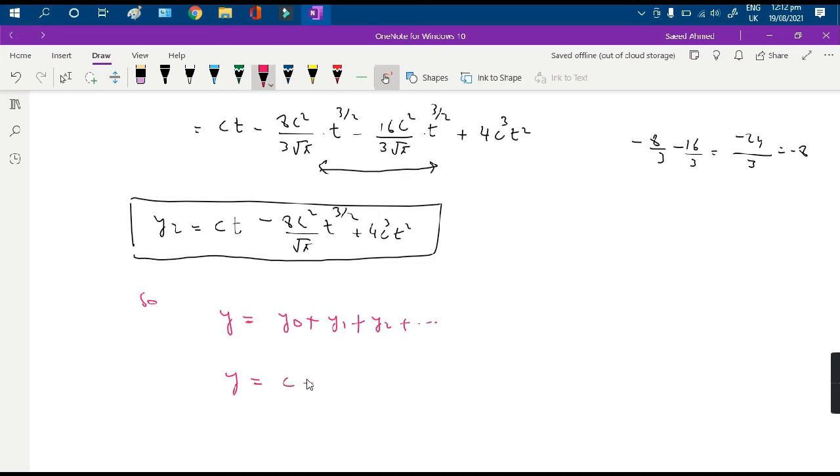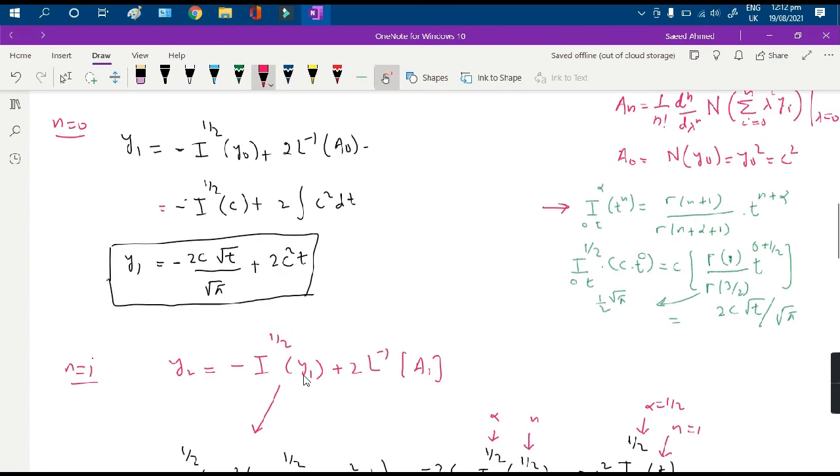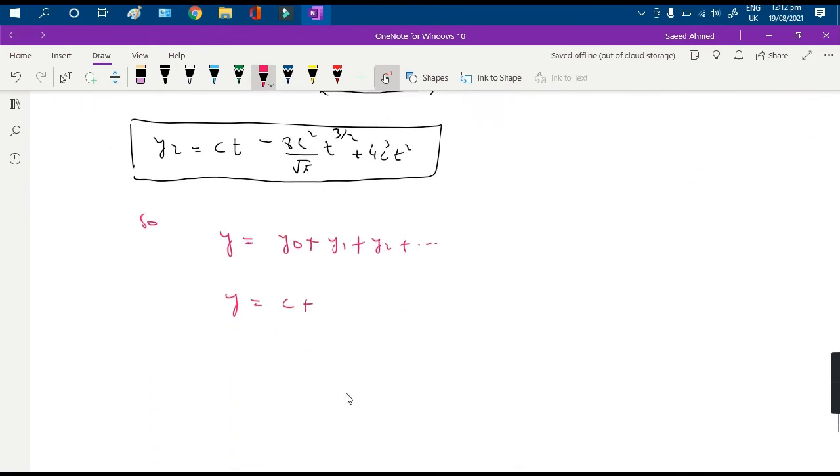So y0 is c, y1 is this one, minus 2c over square root of pi into square root of t, and it has one more term which is 2c square t, and then y2 which has ct minus 8c square over square root of pi t to the power 3 by 2, and then we have 4c cube t square and so on.